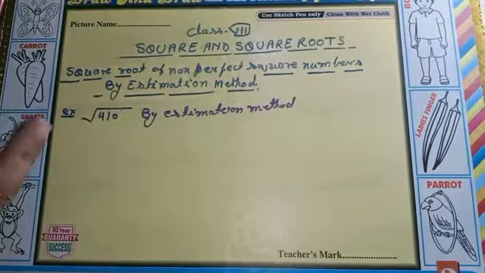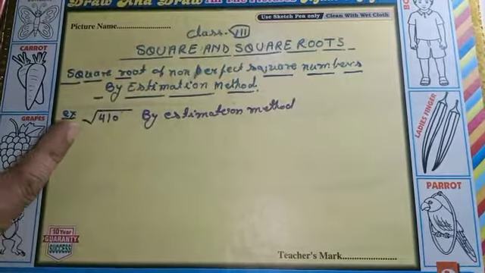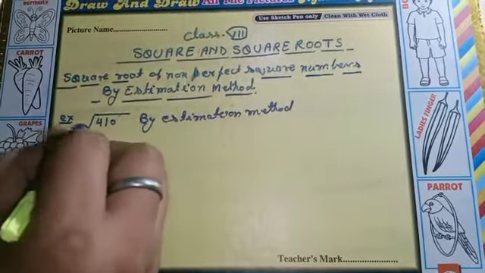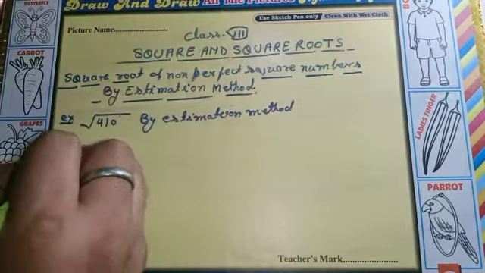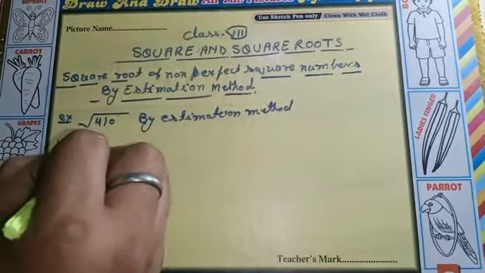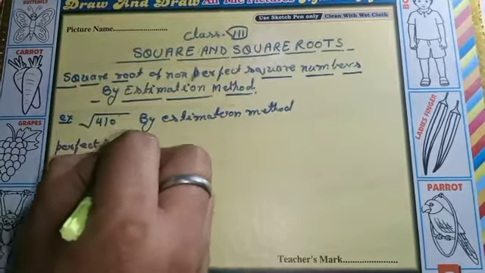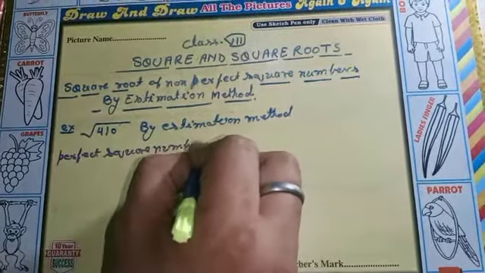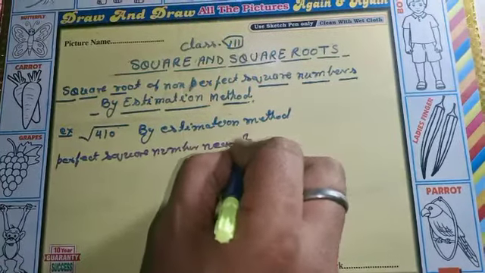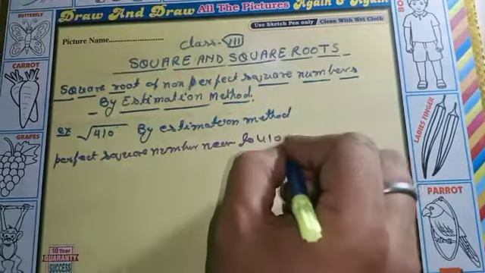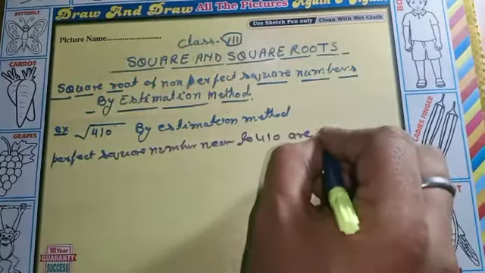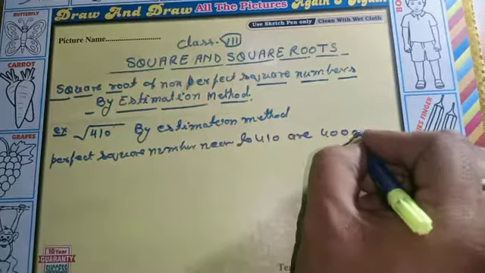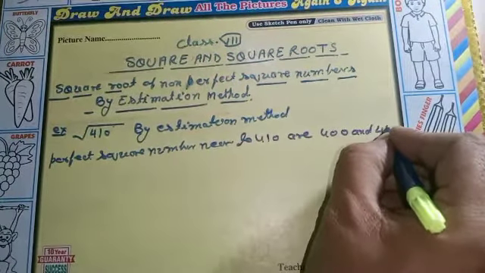Now first write down the perfect square numbers which lie nearest to 410. The perfect square numbers near 410 are 400 and 441.